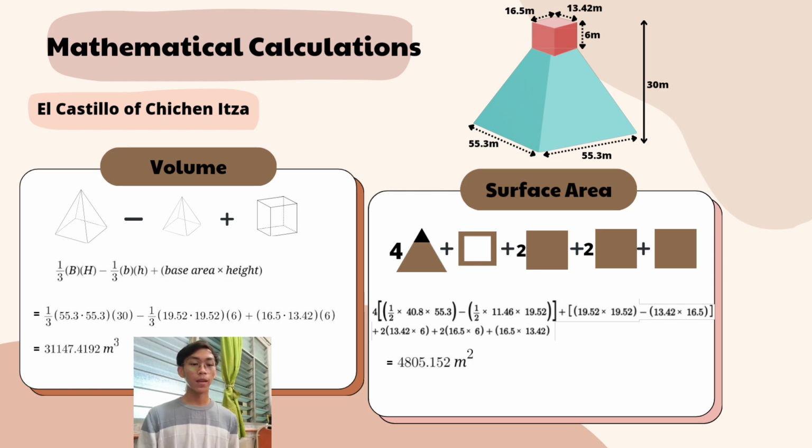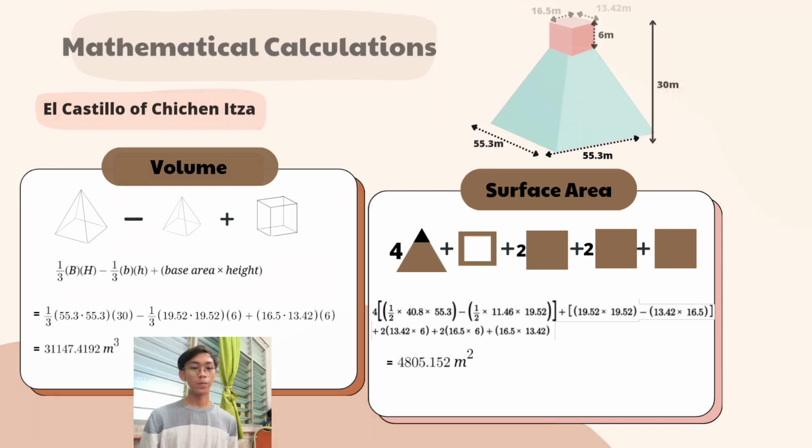So, our calculation will include only 2 formulas: the formula of a pyramid, 1/3 times base times height, and the formula of a prism, which is base area times height.